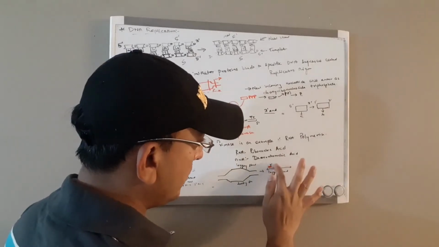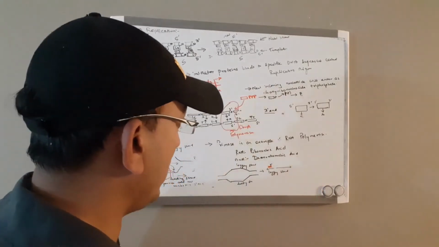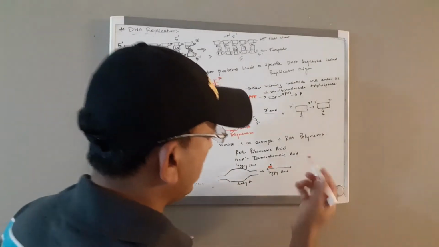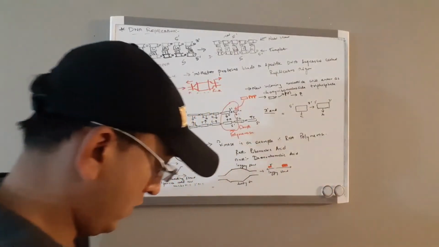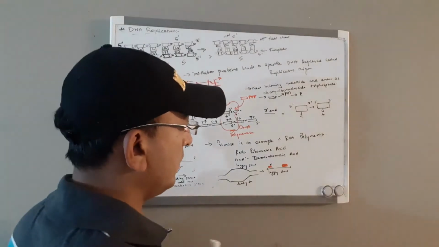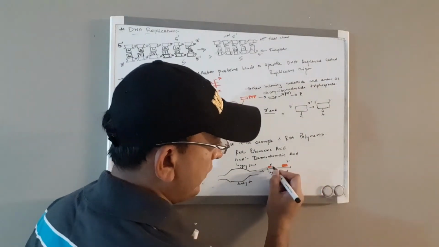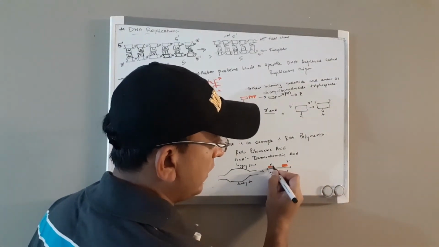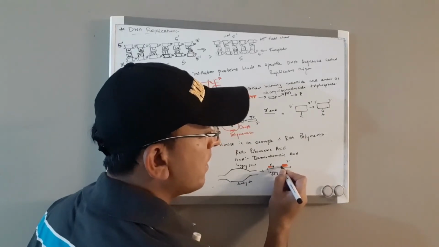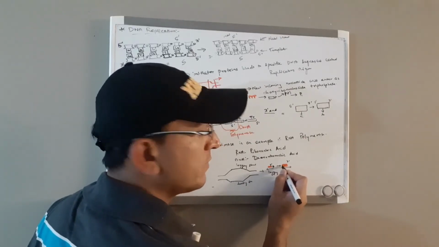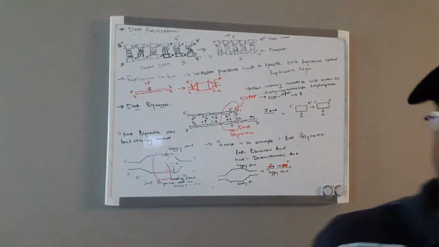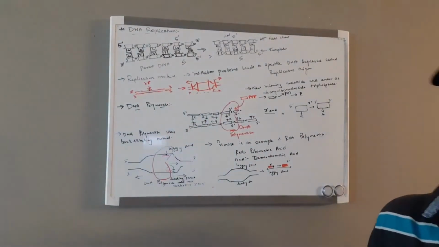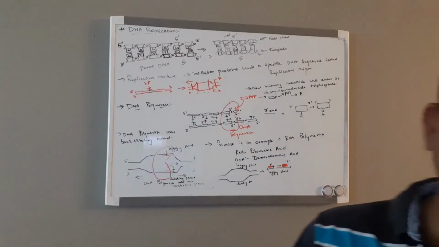So the Okazaki fragment will start adding here, and it will continue until it hits the next RNA primer, and this is how DNA polymerization goes on the lagging strand.